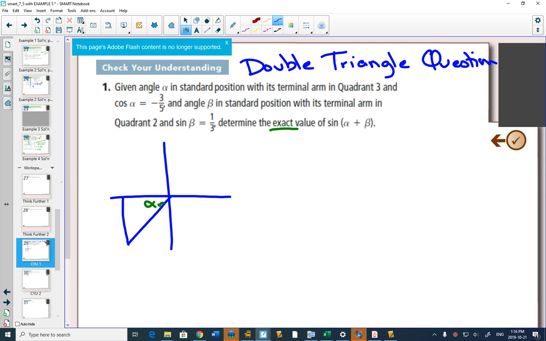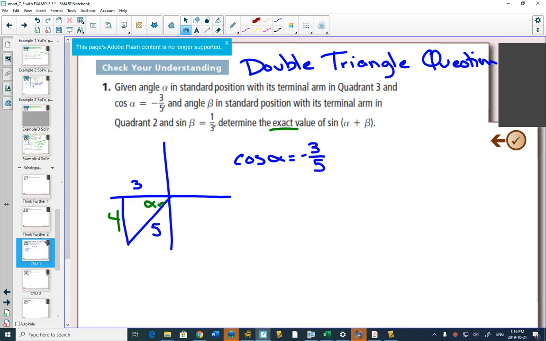What do we know about alpha? We know that cos of alpha is -3/5. What does that mean for our triangle? Cos is adjacent over hypotenuse. We know this side is 3, this side is 5. A squared plus b squared equals c squared, and we can find out that this side is 4.